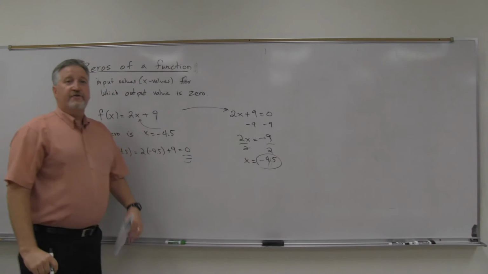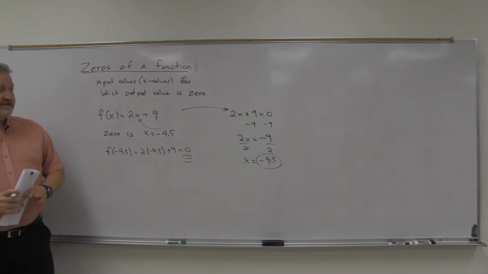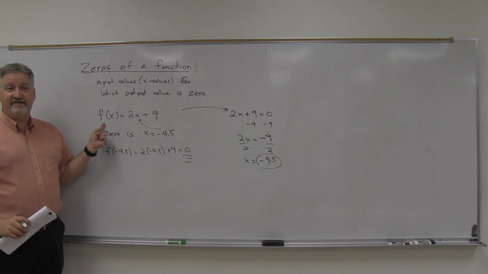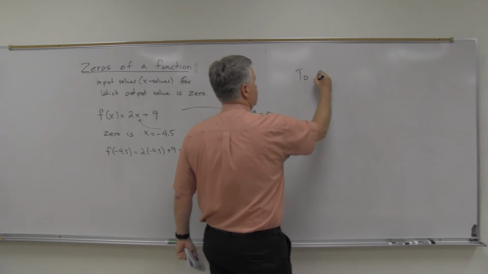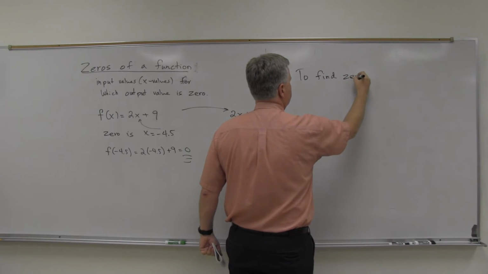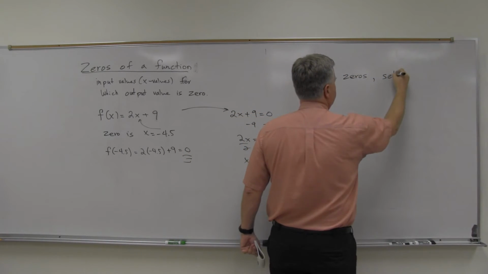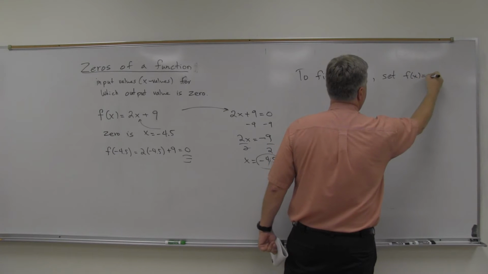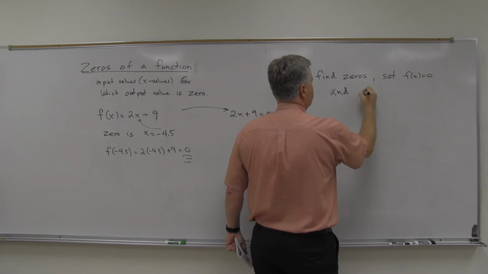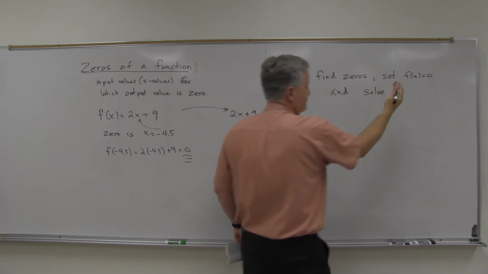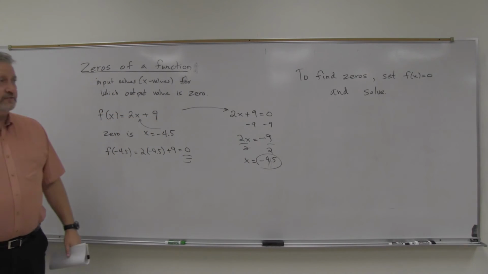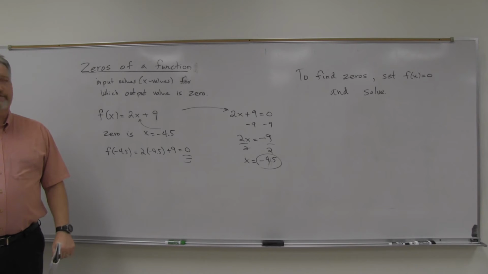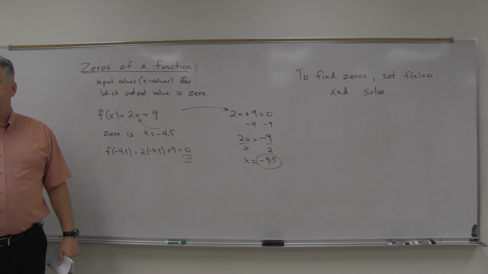So that's how you find zeros: you change f of x to 0. That's our strategy. To find the zeros of a function, you set f of x equals 0, and you solve for x. And that'll give you your zeros.